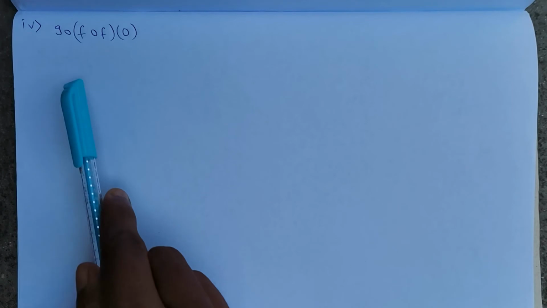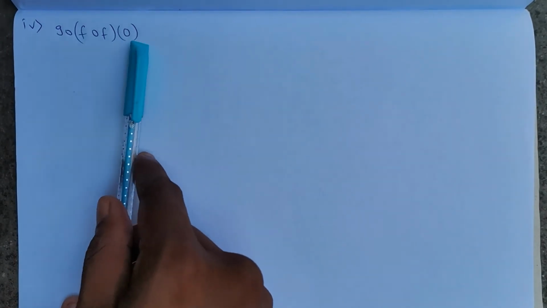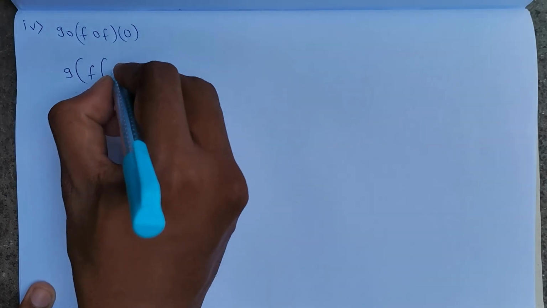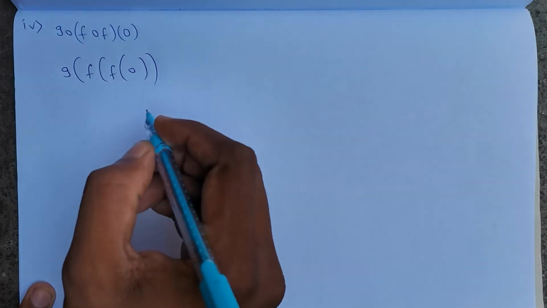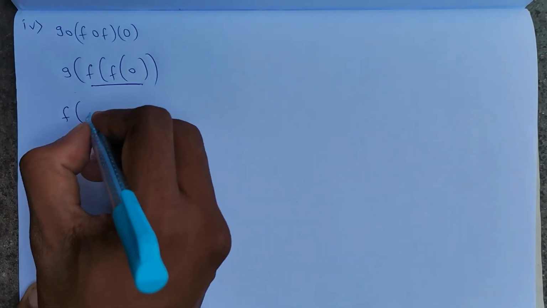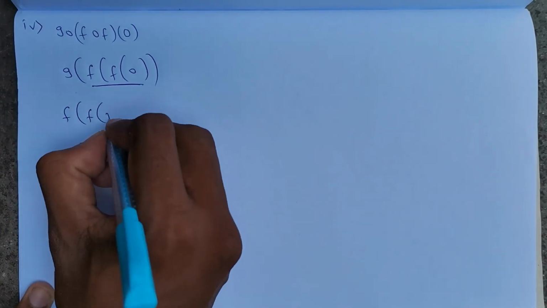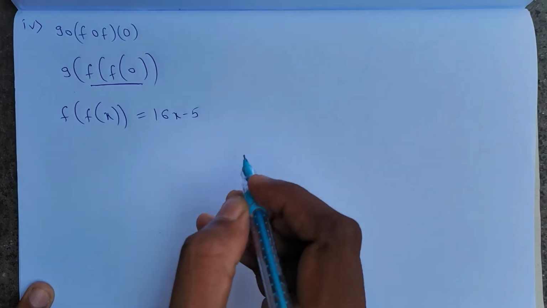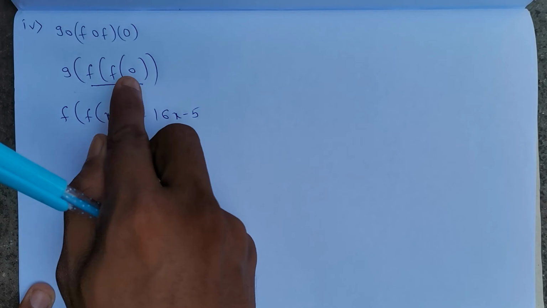Okay, the next question is g of f of 0. So in the previous problem we solved f of x. In the previous problem we got the value as 16x minus 5. Now here we want f of 0.